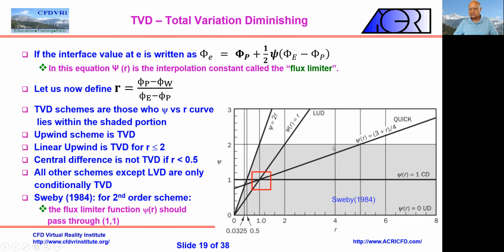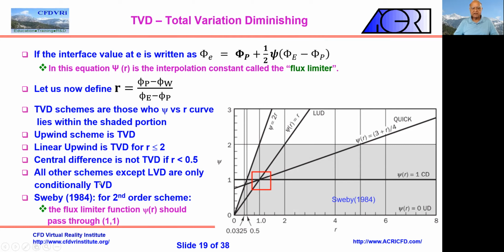Now, the QUICK scheme does something like that. QUICK essentially gives psi of (3 plus R) over 4. R is the ratio of the gradients on the two sides, and that takes you out of the region. So QUICK is quite unrealistic, going very fast as R increases. There are schemes such as LUDS, which is here. So any scheme you get, you can plot.